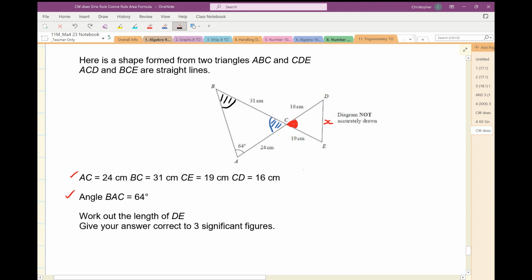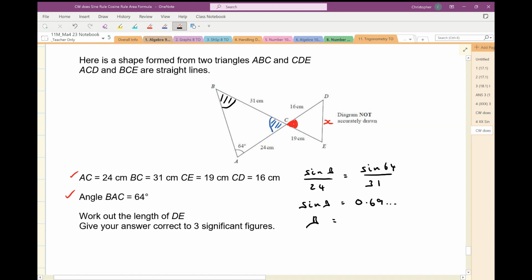So looking at that left-hand triangle, sine the angle I want to know, divided by the opposite side, is going to equal sine 64 divided by its opposite side. So that tells me that sine B will be sine 64 divided by 31 times by 24, 0.69, and so on.